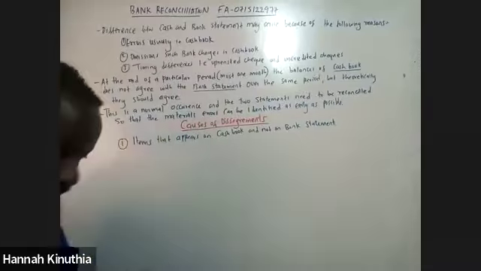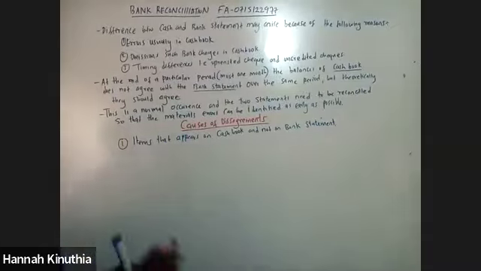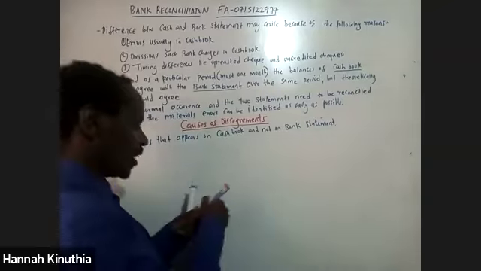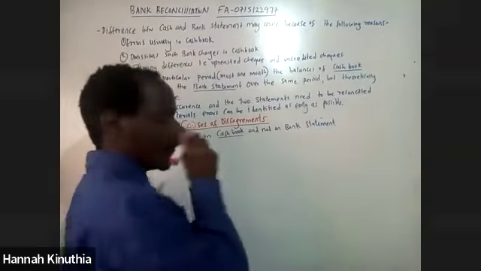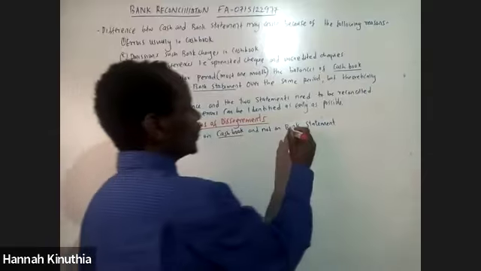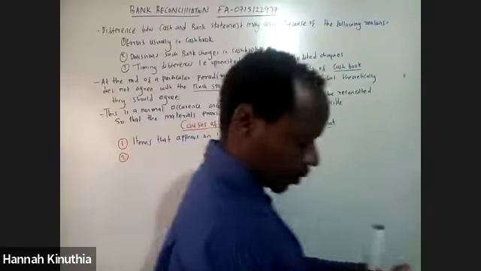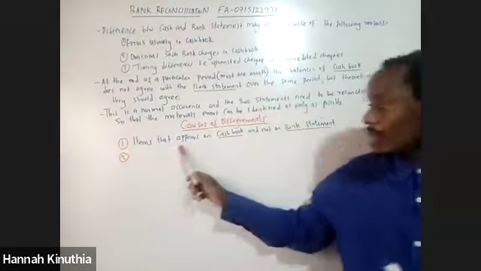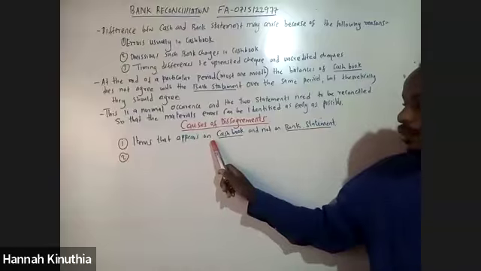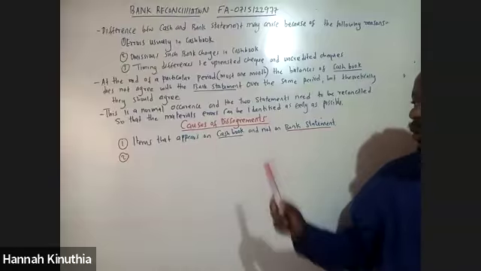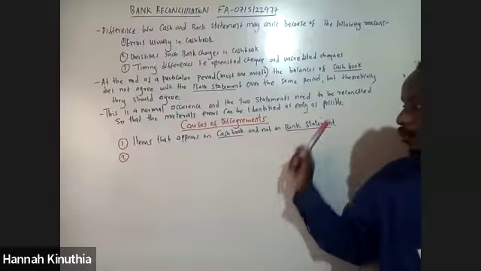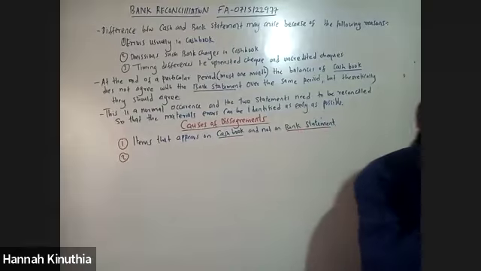We might find that some items have been recorded in the bank statement, but some items appear on the cash book and the same information is not on the bank reconciliation. So you need to correct them so that they also appear in the bank statement.